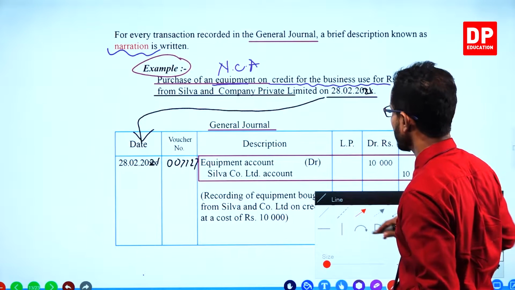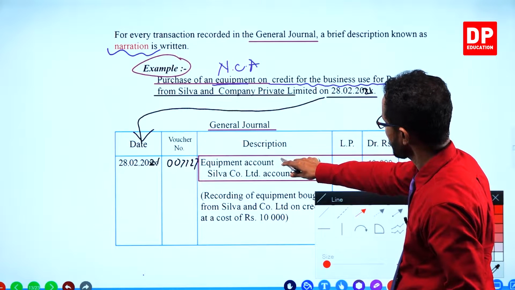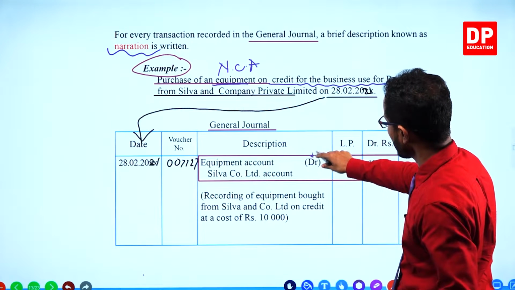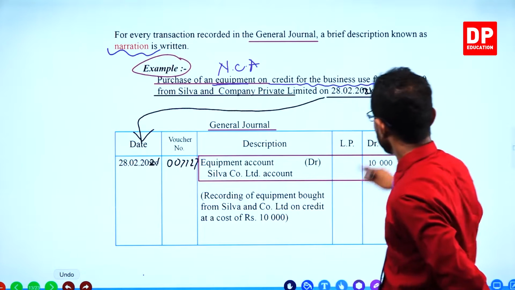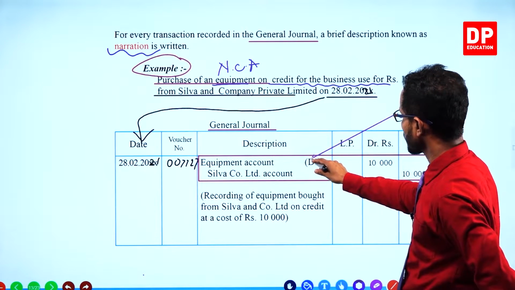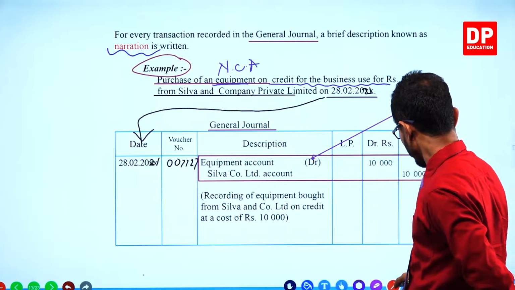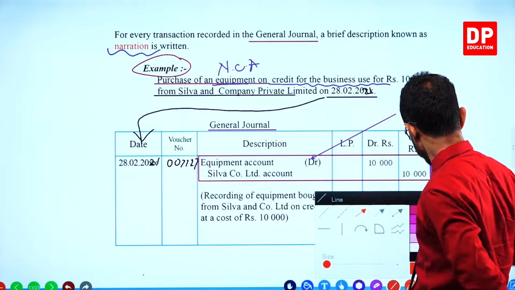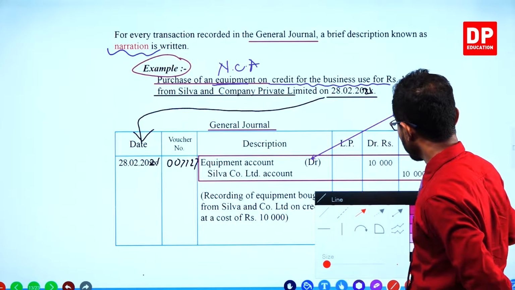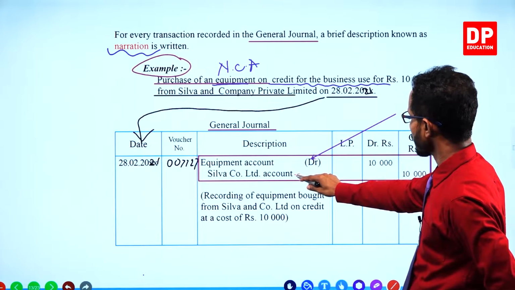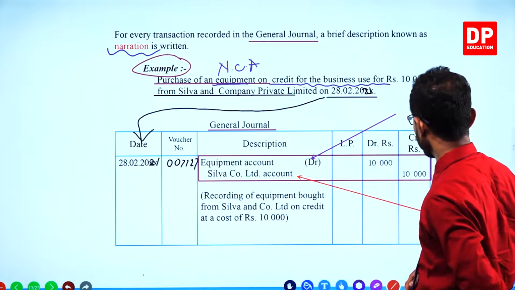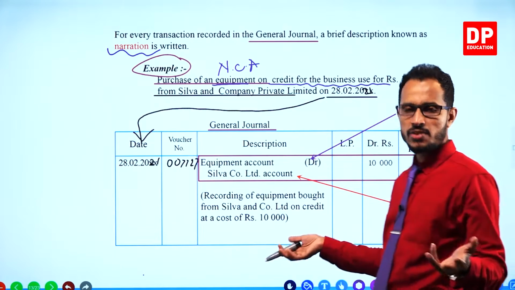It's a double entry. This is the debit entry. And this is the credit entry. It's a double entry.